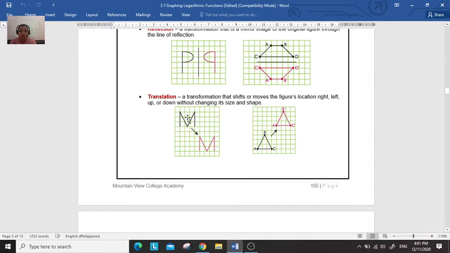We are going to translate it, moving the figure downward to the right, without changing the size and shape. So this is an example of our translation.